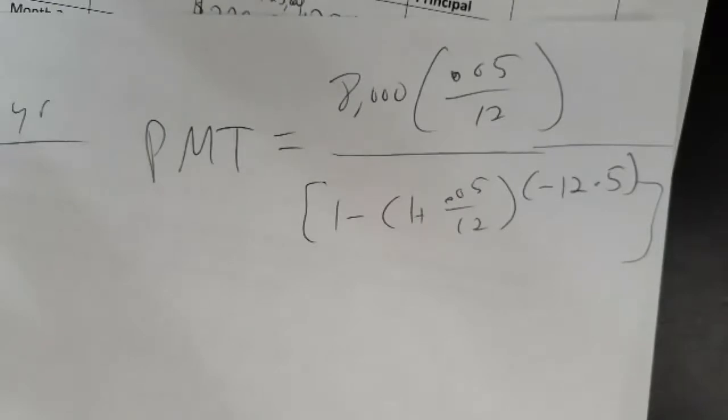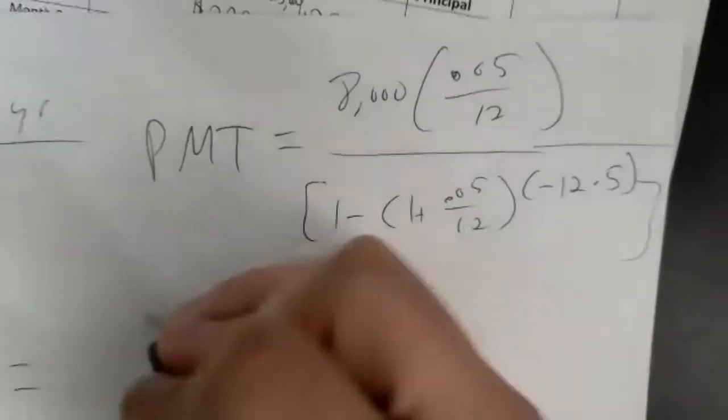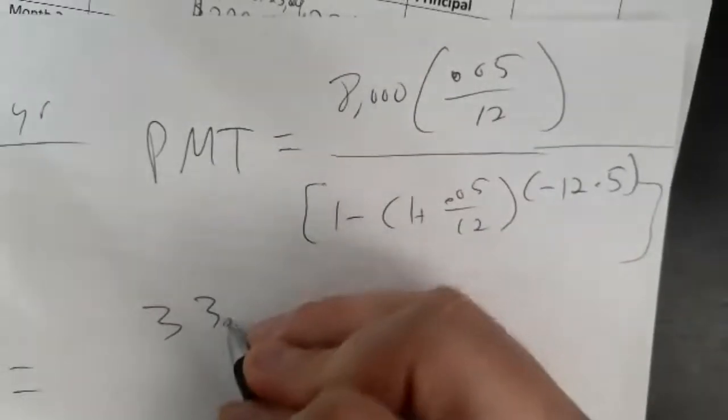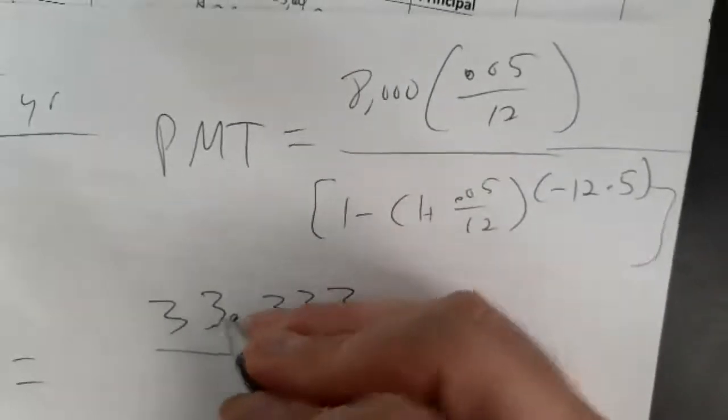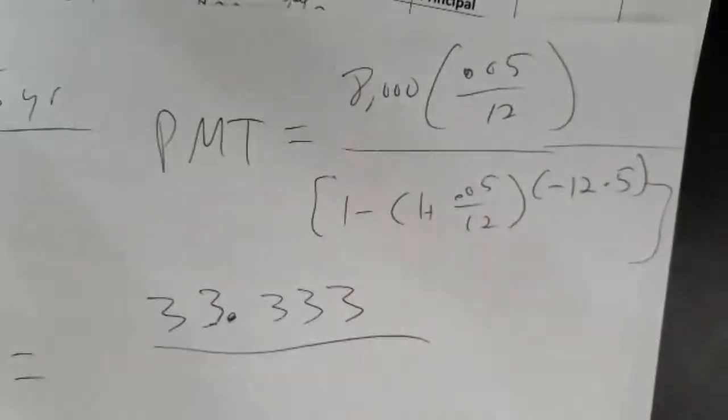Okay, so if I do 0.05 over 12, and I multiply by 8,000, something like 33.3 remaining on top. If I do 0.05, divide it by 12, add it to 1, and do that to the negative 12 times 5, which is the 60 power, then I take 1 and subtract it from that.